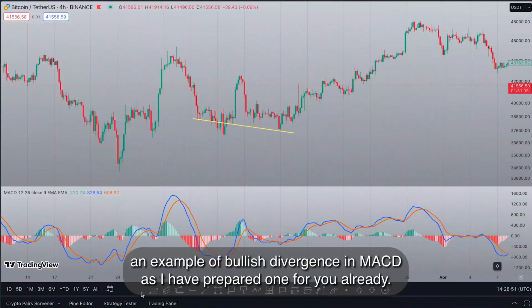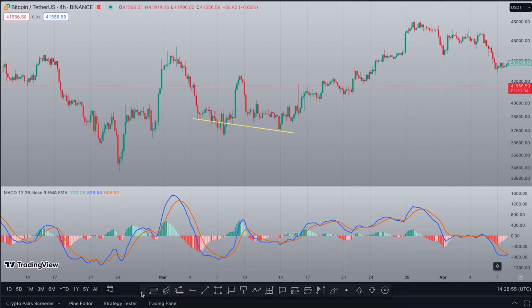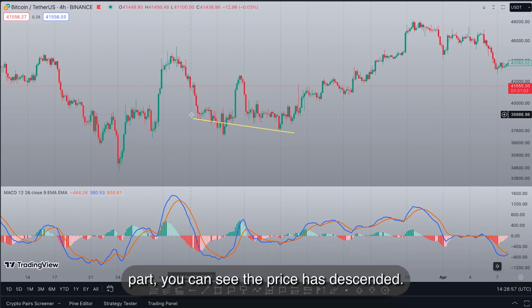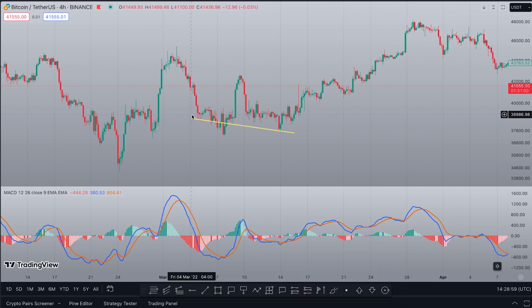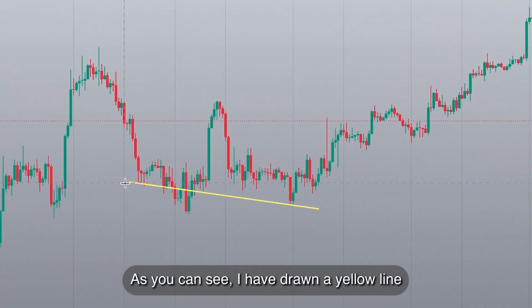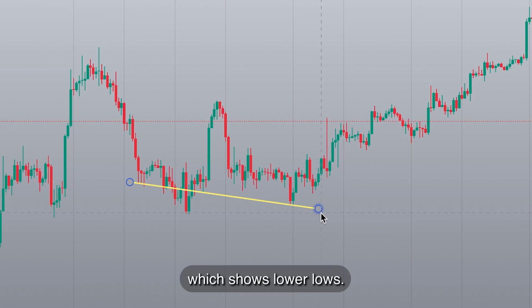Alright, let me show you an example of bullish divergence in MACD as I have prepared one for you already. In this part, you can see the price has descended. I have drawn a yellow line which shows lower lows.